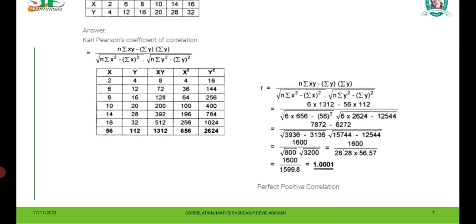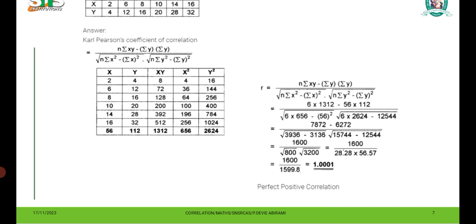Summation xy is 1312, summation x is 56 and summation y is 112. Similarly, I have entered all my values in the denominator. If I simplify this using a calculator, my answer is 1.001.